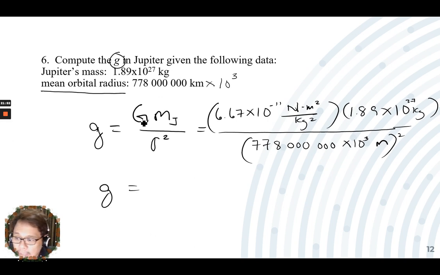So the answer that you will get is 2.083 times 10 raised to negative 7 meters per second squared based on what we have here.